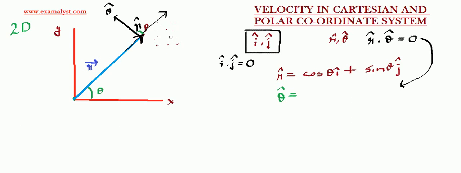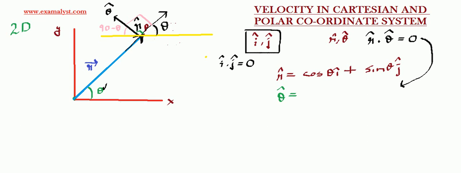Draw a line here. If this is theta, then this is theta. Now if this is theta and we know that this is 90 degrees, then what is this angle? This angle is 90 degrees minus theta.